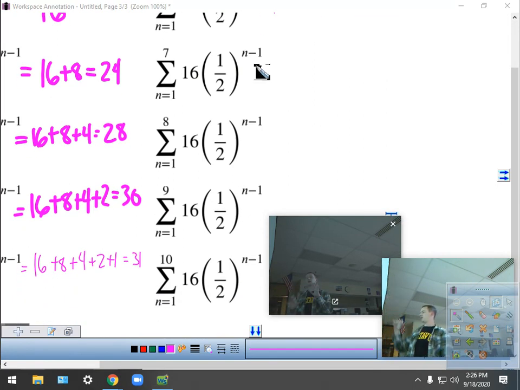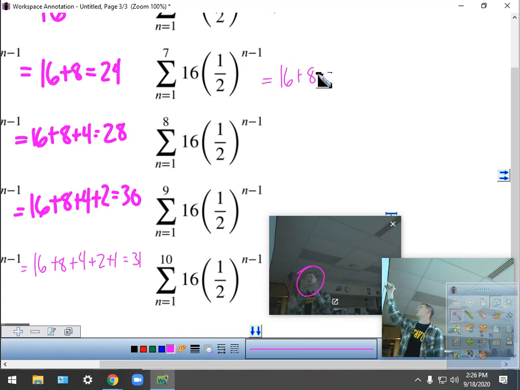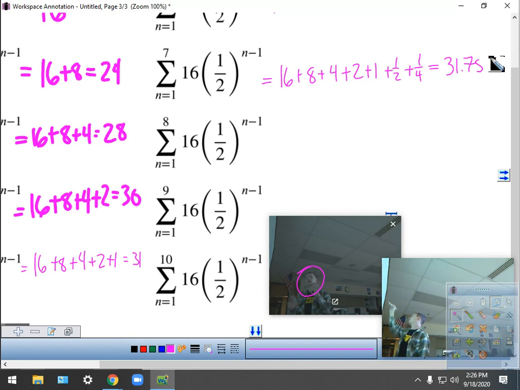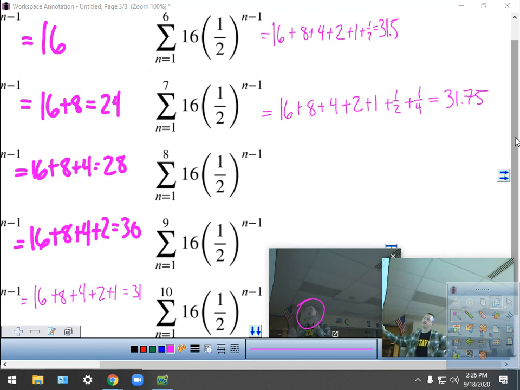So then you keep going, and it's 16 plus 8 plus 4 plus 2 plus 1 plus 1/2 plus 1/4. And now I get 31.75. This is starting to feel a little bit like Zeno's paradox, where I'm walking halfway of what's left every time. And now I'm wondering, am I ever even going to get to 32? So let's do one more.